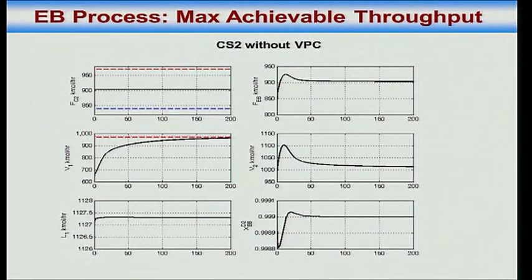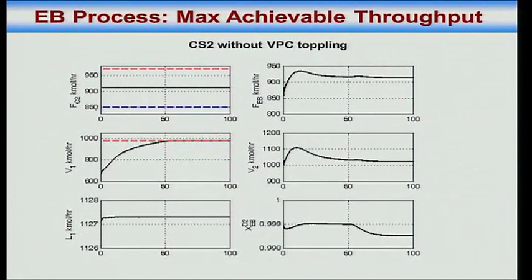When that 5% bias in the ethylene flow sensor comes, V1 keeps going and hits its maximum limit. If I am at 850 kilomoles an hour, when that disturbance comes, V1 hits its maximum limit.